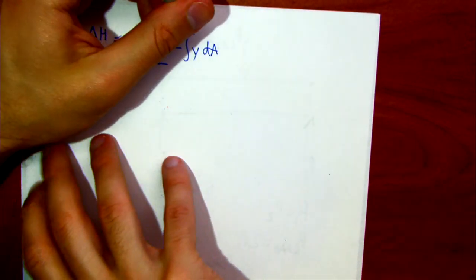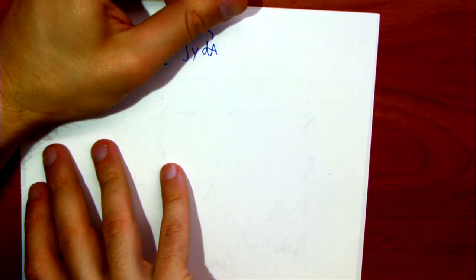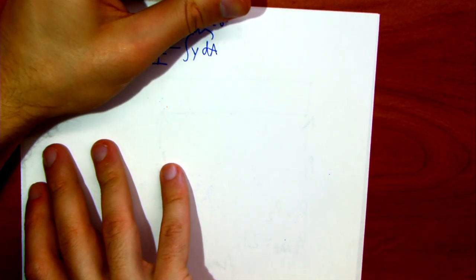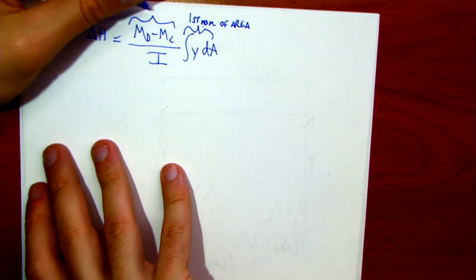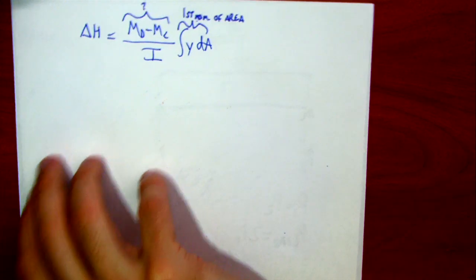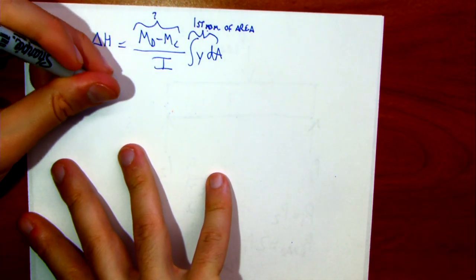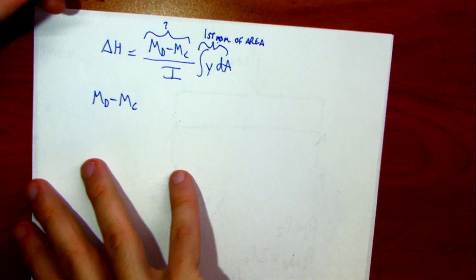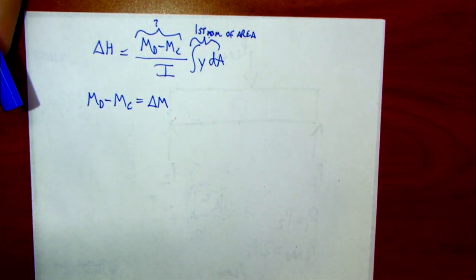We know that we can call this our first moment of area. But what about this MD minus MC? Because we don't know what either of those are. We can say MD minus MC is like some delta moment that happens across the width of the stress element.